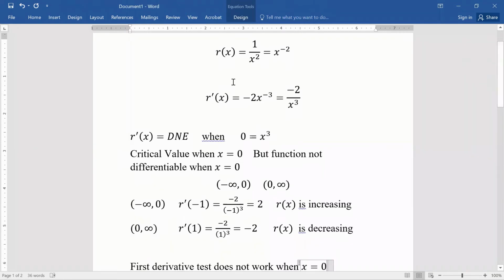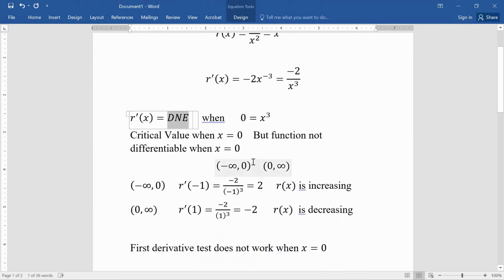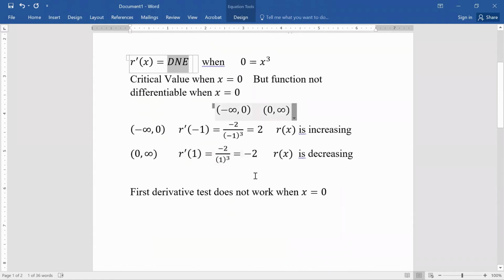The first derivative test does not work when the function is not differentiable. In this case, we have an asymptote at x equals 0. That's not the case for every single non-differentiable function, but that's the case for this one.